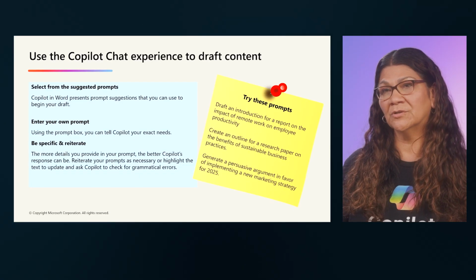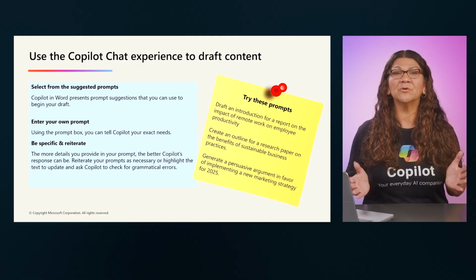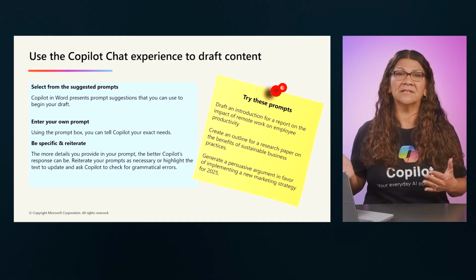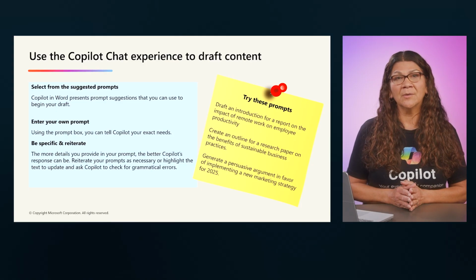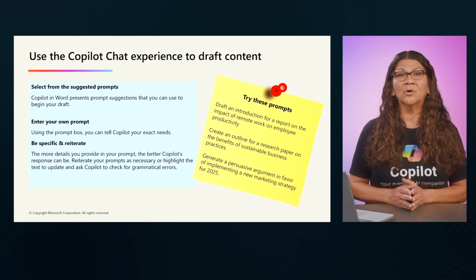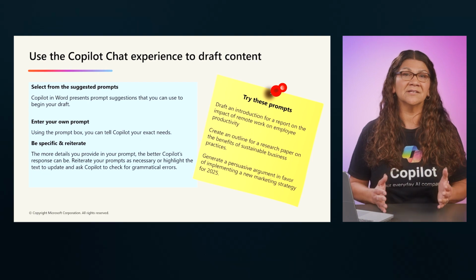Copilot Chat in Word streamlines the entire drafting experience by helping you move from idea to high-quality content in seconds. You can choose from suggested prompts to get started quickly, or write your own prompt to be precise about your goal, audience, and tone.